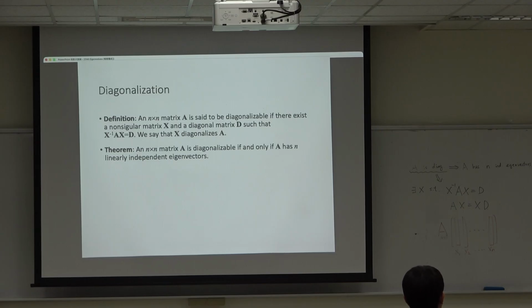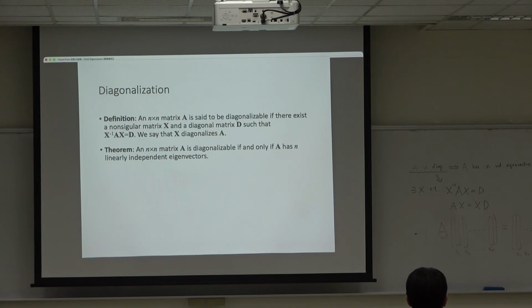Should be very easy, right? So this is X1, X2, Xn times the diagonal matrix, right? I'm not changing anything.